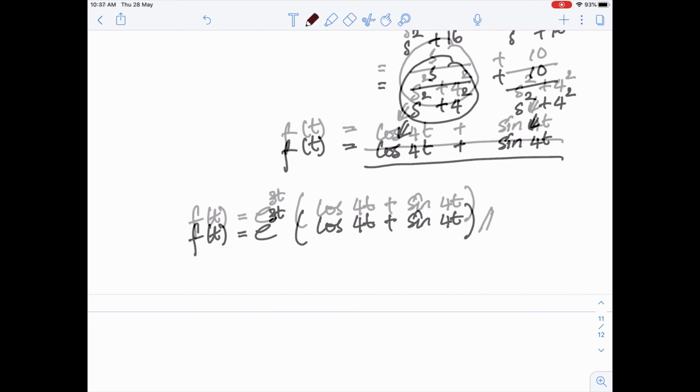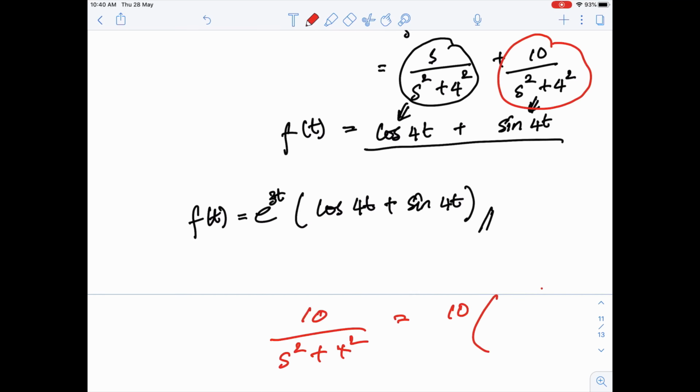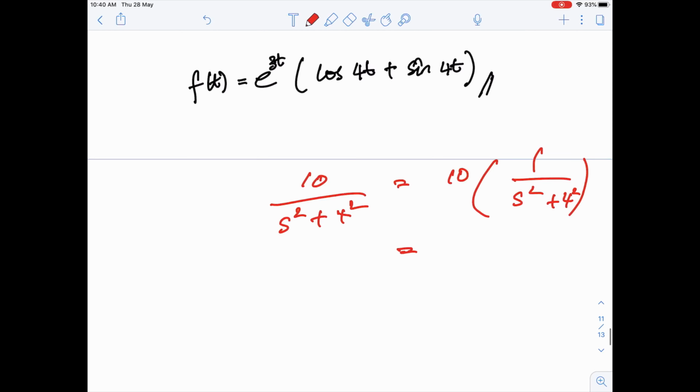Okay, class, don't be too confident with this one, because you got the wrong one. When you have 10 over s squared plus 4 squared, you need to convert that. You have a 10 outside, 1 over s squared plus 4 squared, and then you need to modify your expression.